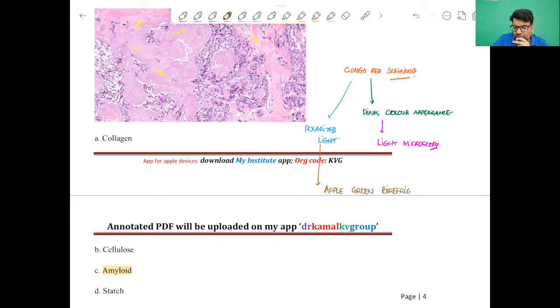Clear? So the tissue is amyloid, and the presentation depends on the type of light under which the tissue is visualized. So this is amyloid. Very good.